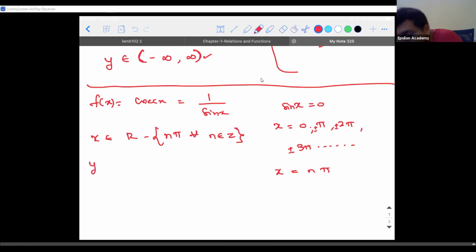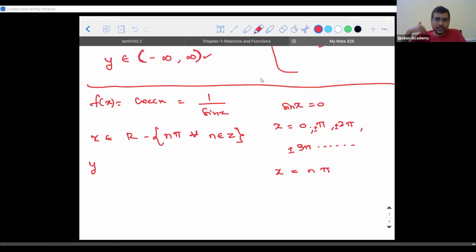And what will be the value of y that it will generate? This is a very tricky part, right? If you tell me, I'll be very happy. Listen to this question, okay? I'm saying, what will be the range of cosecant x?